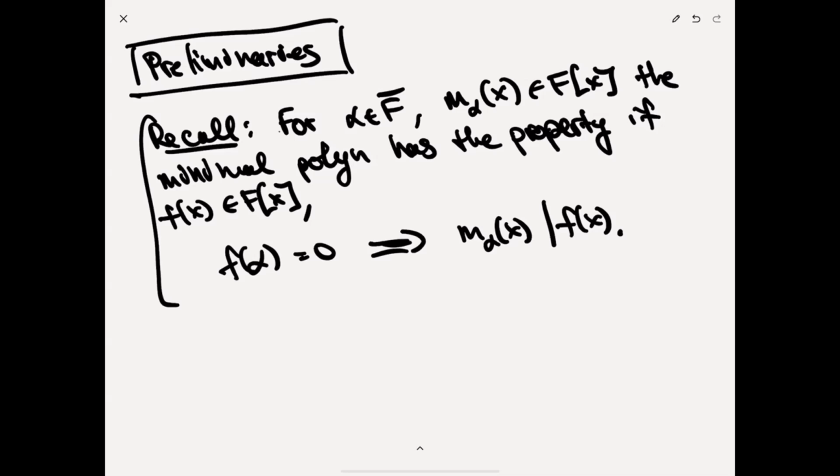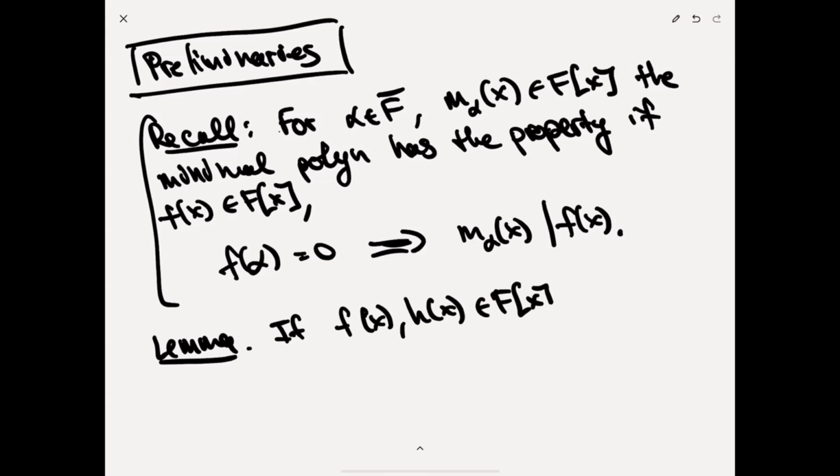Now I'm going to use this in a lemma. I'm going to give one lemma and a fact, and the fact we'll punt to for later. The lemma says the following: if f of x and h of x are polynomials, then you can compute the GCD.